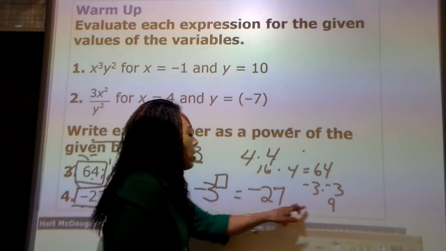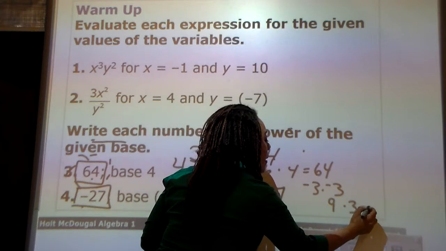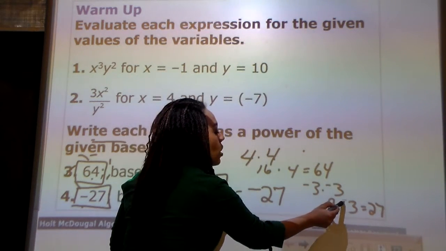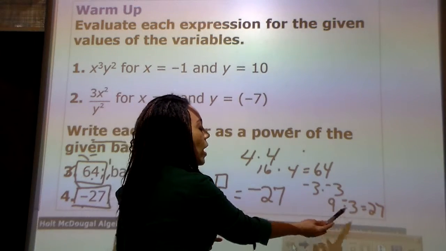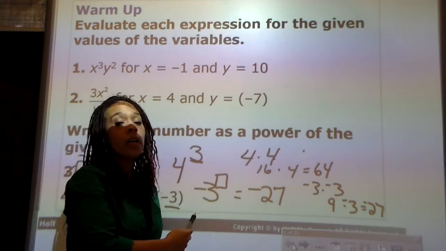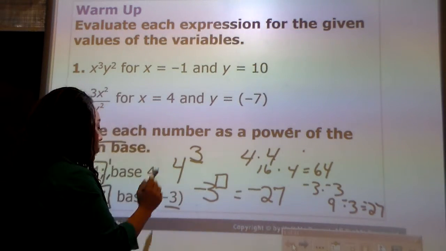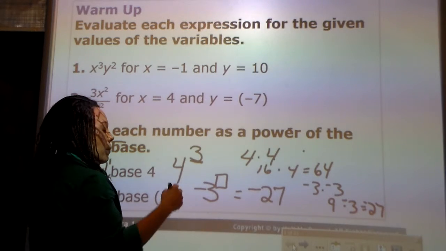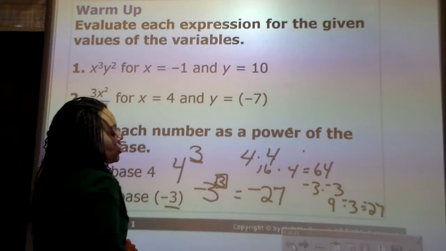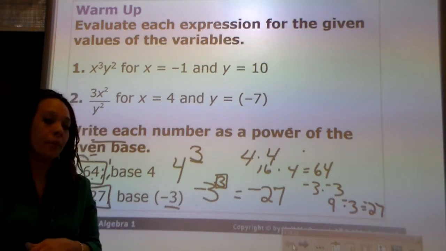I notice also that 9 times 3 is 27, but that's positive, but I'm using negative 3 here. So positive 9 times negative 3 would give me a negative 27, which is what I was looking for. So I used that negative 3 three times, negative 3 times negative 3 times negative 3, so it was, again, to the 3rd power. That's just coincidence to the last example.